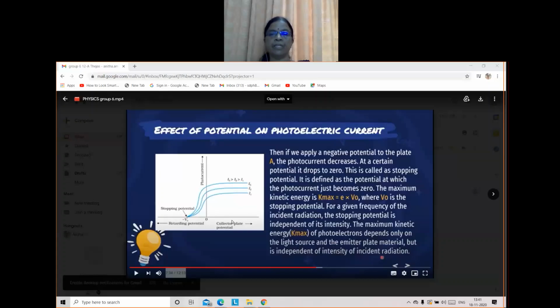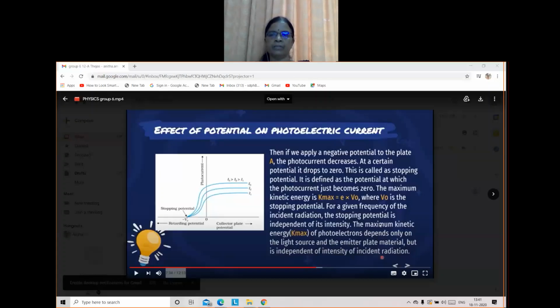For a given frequency of the incident radiation, the stopping potential is independent of its intensity. The maximum kinetic energy of the photoelectron depends only on the source, that means the frequency, and the emitter plate material, but is independent of intensity.